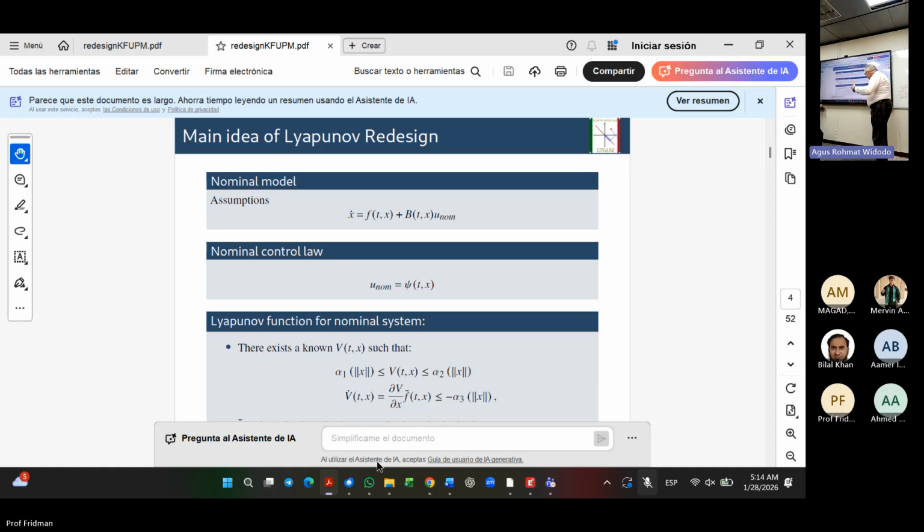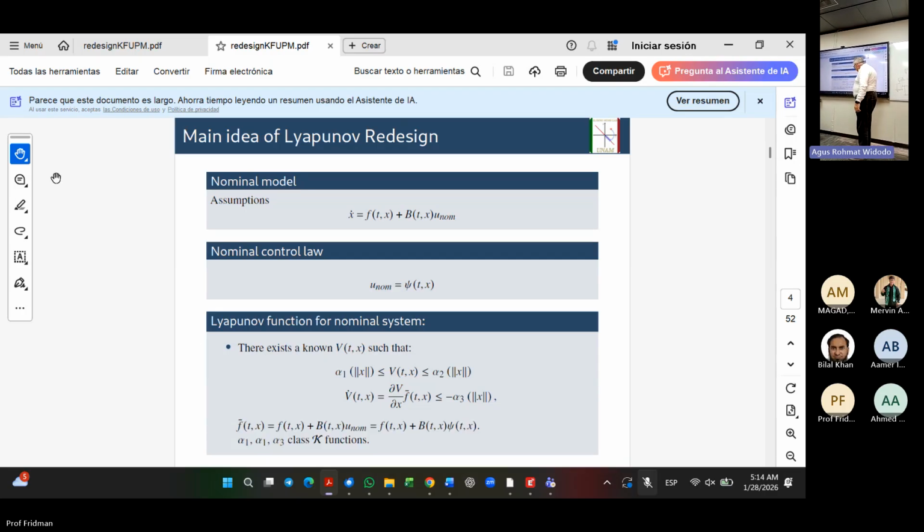Also for such a control, you have a Lyapunov function having standard properties: the Lyapunov function is positive definite and its derivative is negative definite, and alpha 1, alpha 2, alpha 3 are standard growing functions, meaning K class functions.